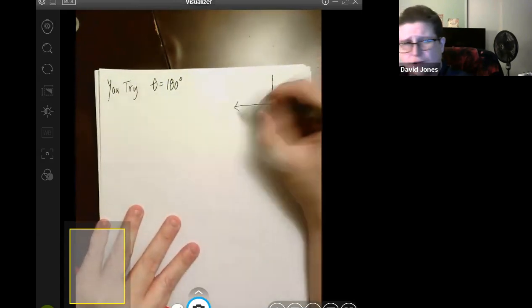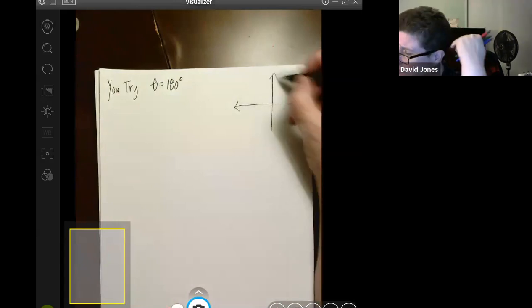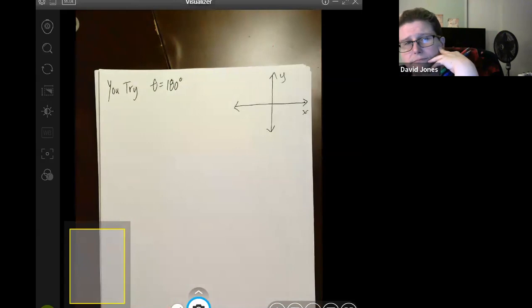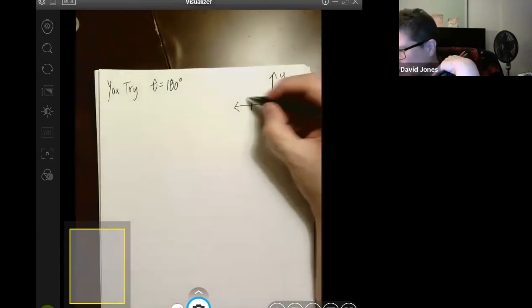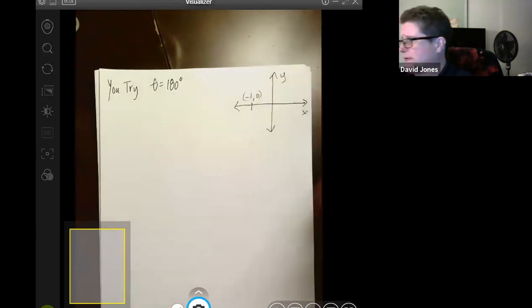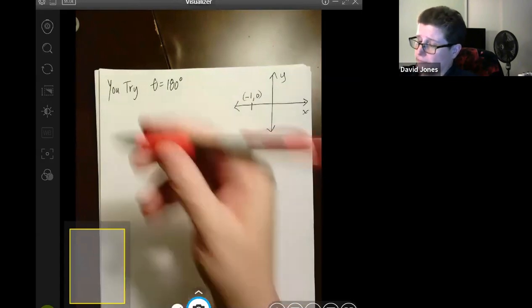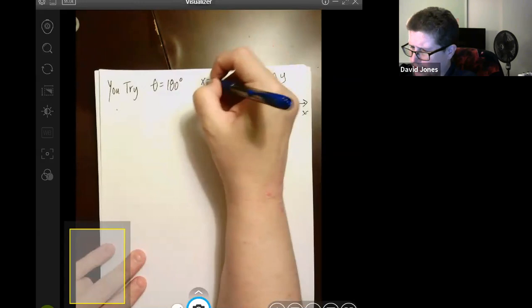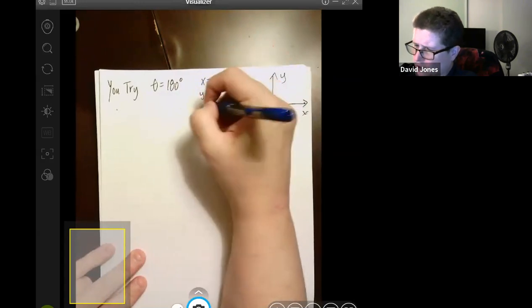So pause it and try to work them out. 180 degrees is back over here, negative 1, 0. So x equals negative 1, y equals 0, r equals 1.